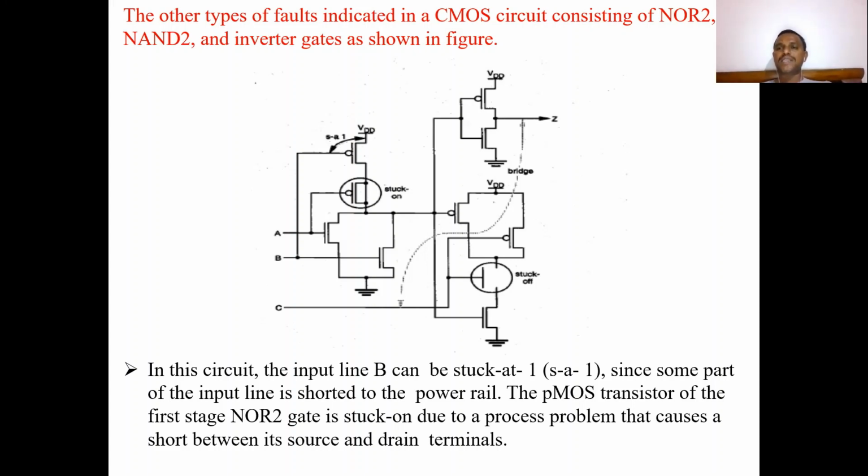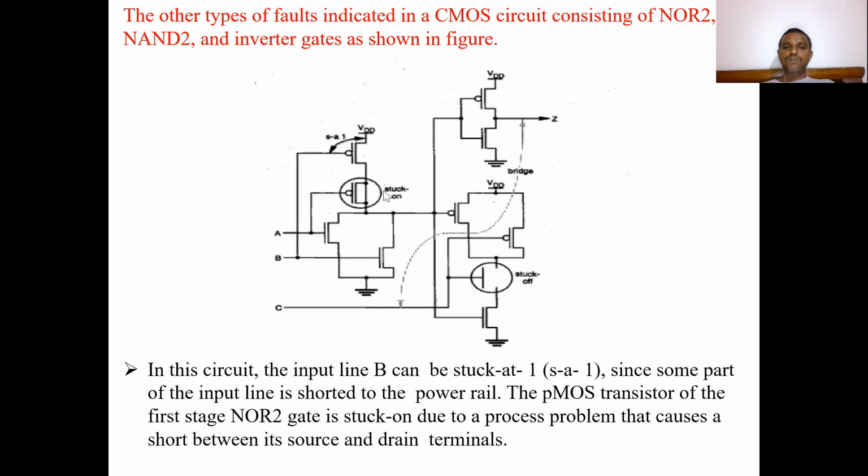VDD is the maximum value, so we consider that as logic 1. So it will always be stuck at 1, at this gate or the input line B, logic 1, because of this.